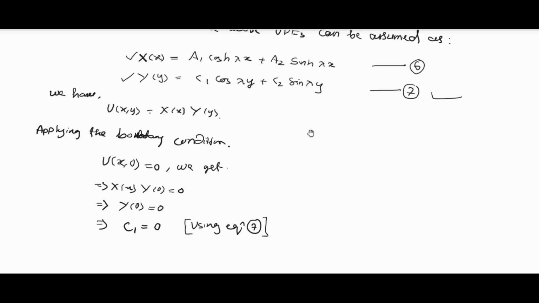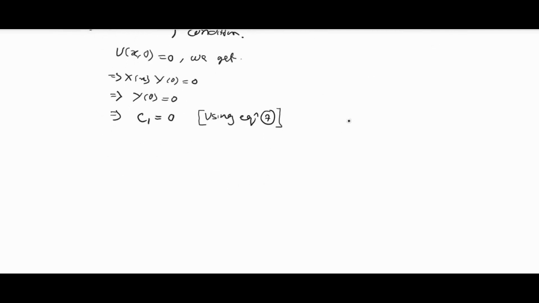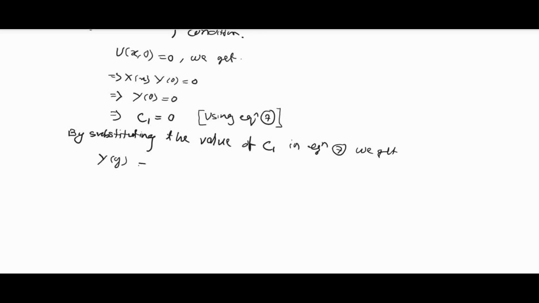What do you get then? Y is equal to C1 times 0, so the first term will be 0. In the second term we get C2 sin lambda y.